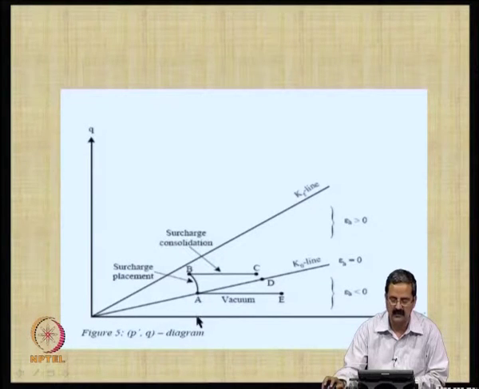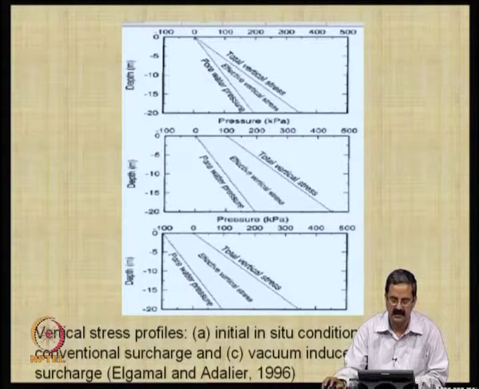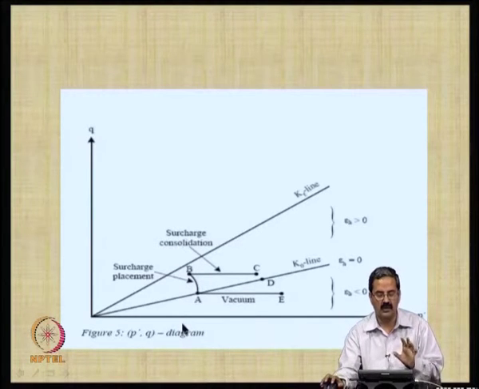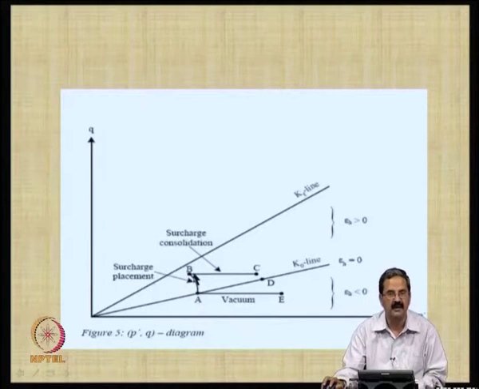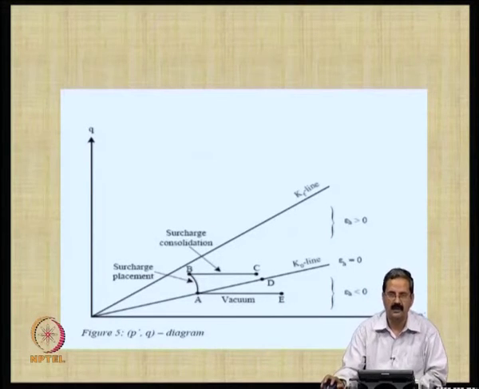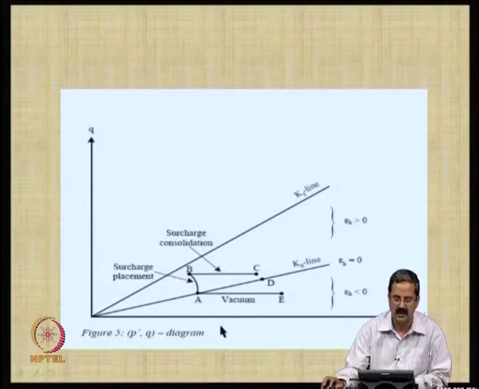P dash is the mean effective stress. It is here, then it will come down a bit up to B, the small difference, and that is why you have to control both. Why is it happening? That is because there is a pore pressure increase, because the soil is poor, the consolidation rate is not very effective.